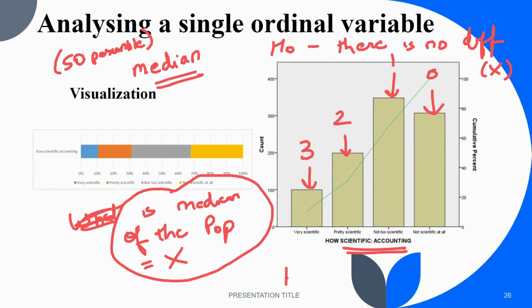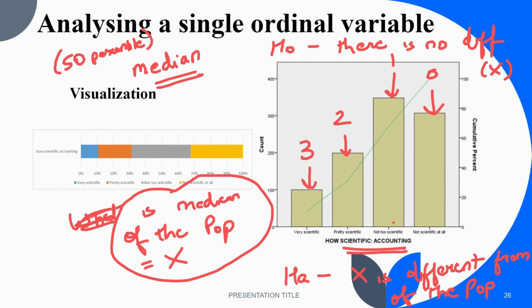The alternate hypothesis says X is different from the median of the population. So we are given these two hypotheses: X is not different from the population median, and X is different from the population median.